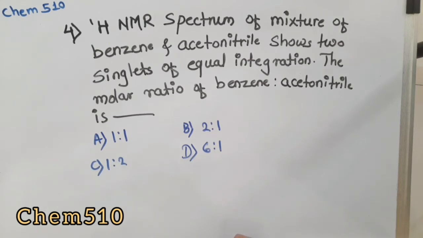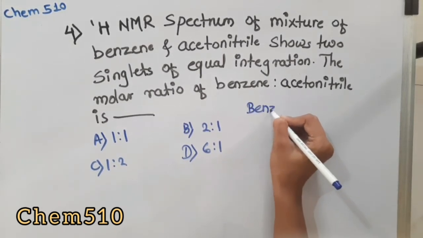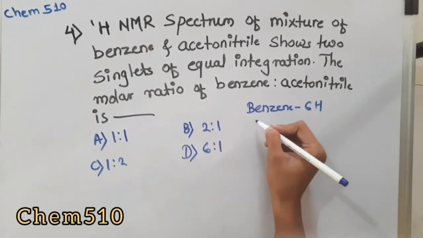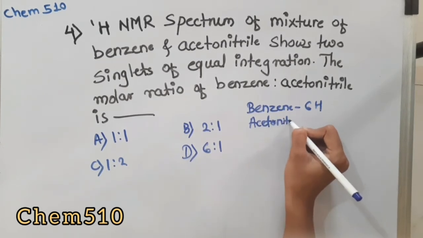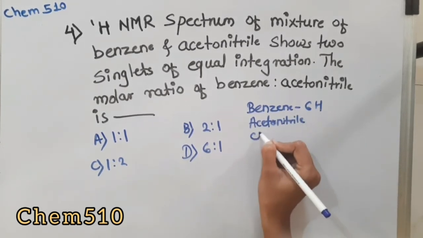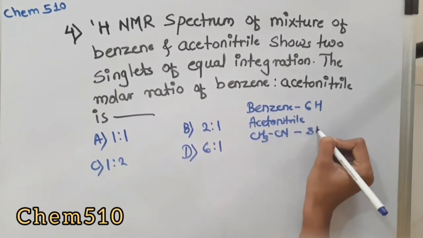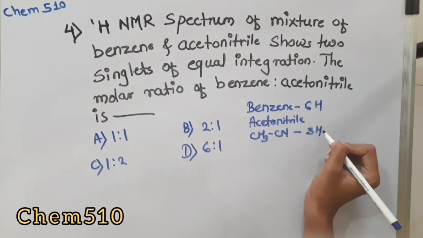So we know that benzene has 6 hydrogen, and acetonitrile, CH3CN, has 3 hydrogen. You know that to obtain equal integration we require the same number of hydrogen for this.